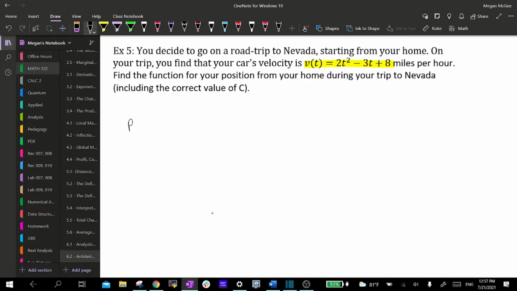So our position function is normally given as s of t, and that's going to be found by taking the integral of v of t. So it's the integral of 2t squared minus 3t plus 8 dt.